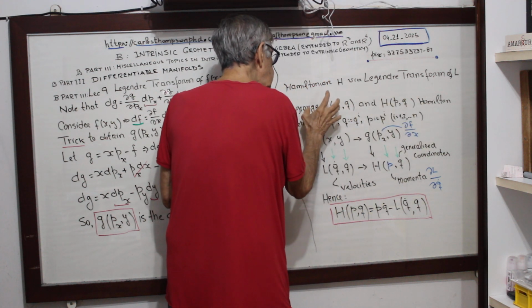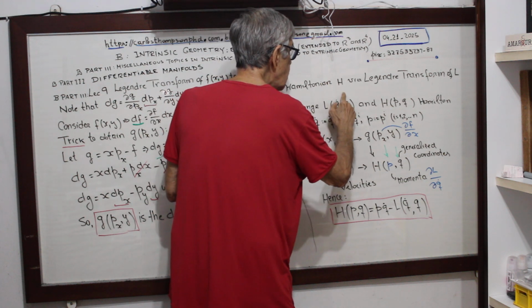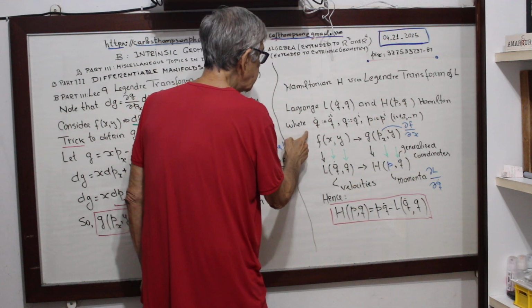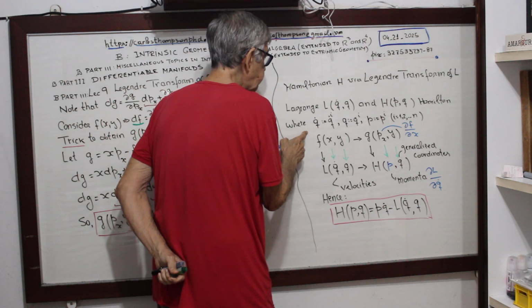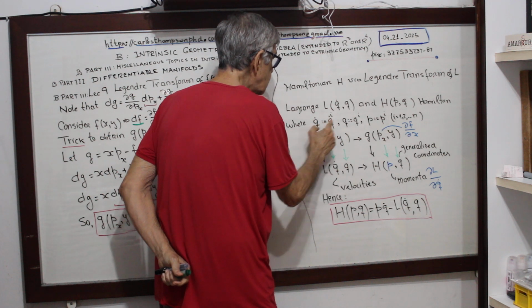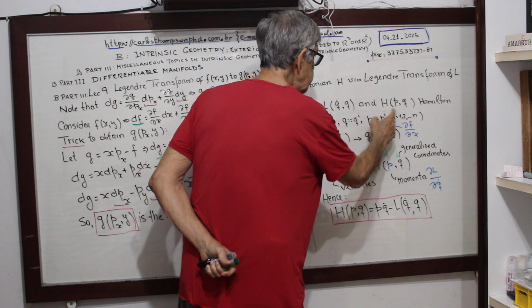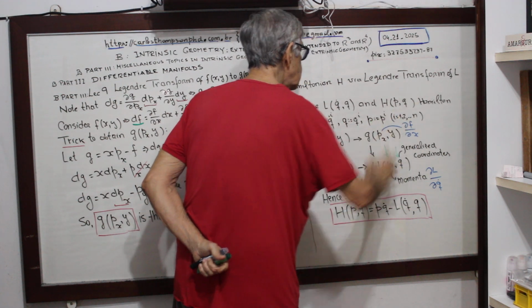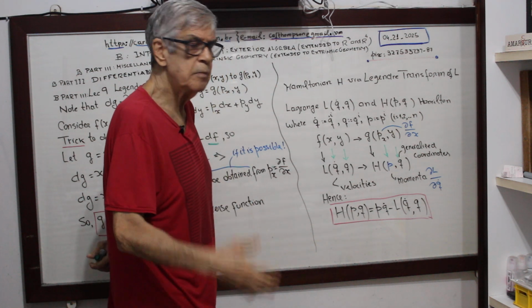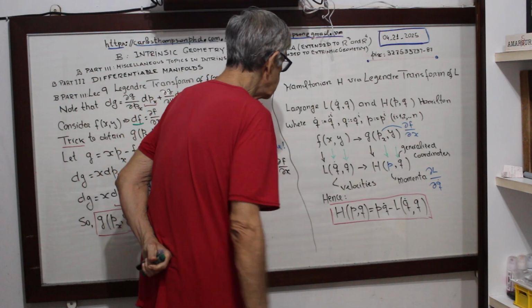I want to apply the Legendre transform from L to H. Now, q here is an abbreviation of q dot i, q is q i, p is p i, with i equal to 1, 2, 3, up to n. So when I have many generalized coordinates, I can apply the Lagrangian.